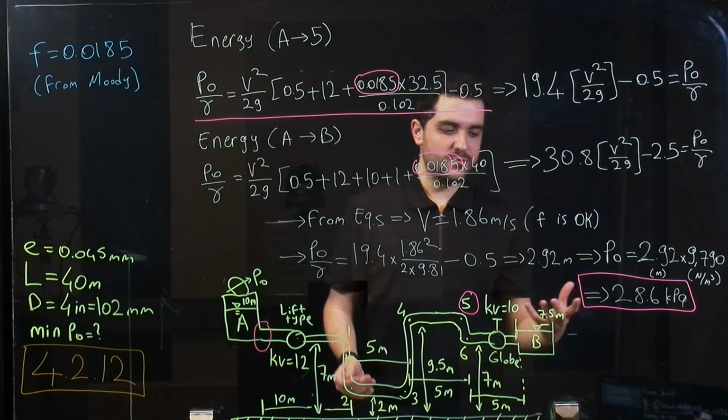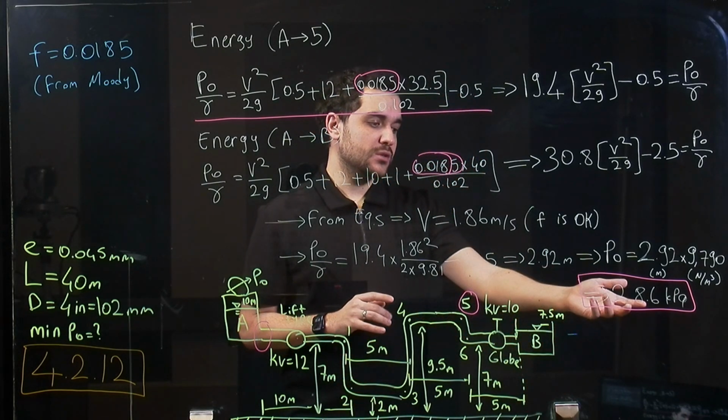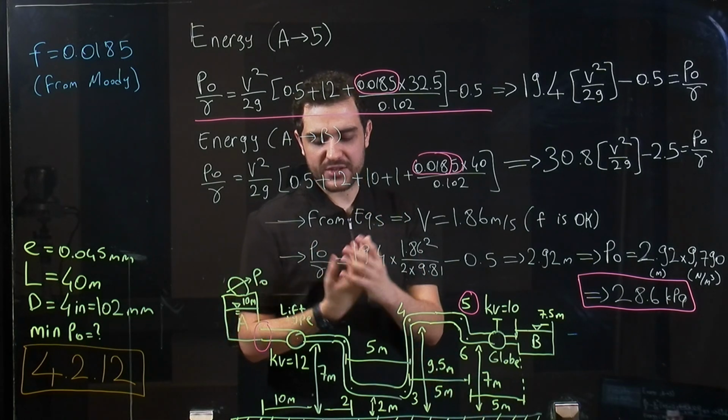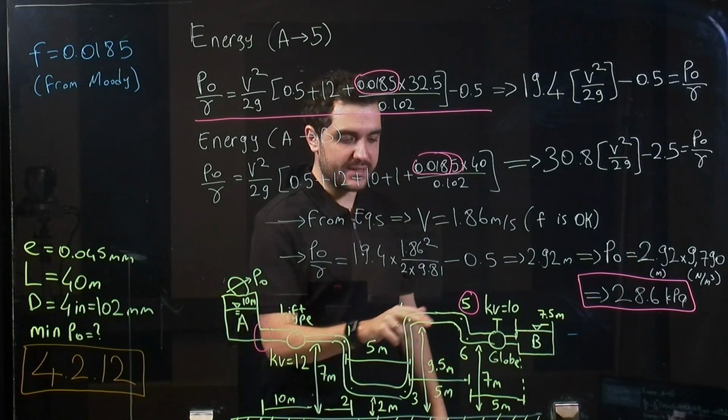So this means that when we have a pressure of 28.6 kilopascal at this point, we will make sure that the pressure throughout the pipe is positive.